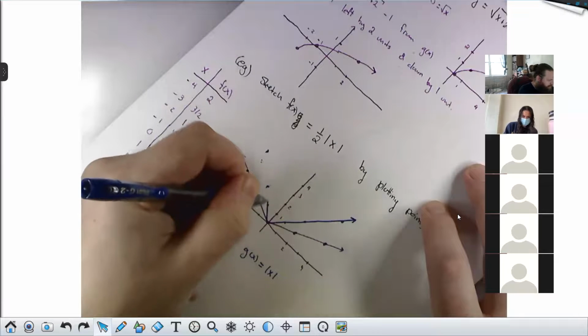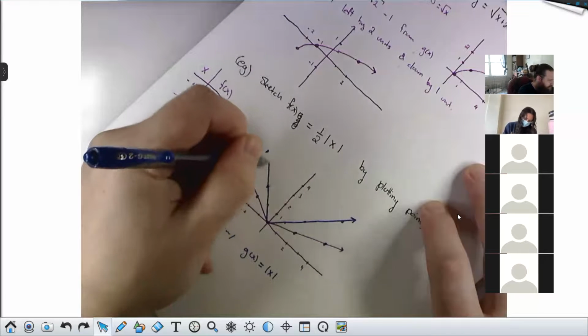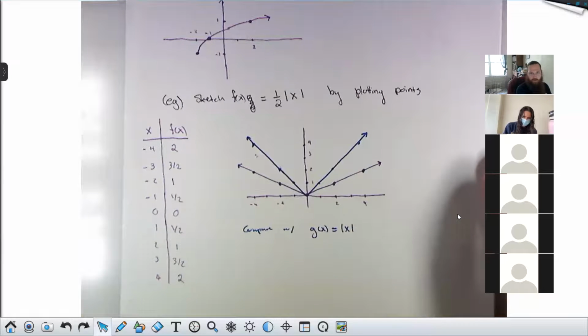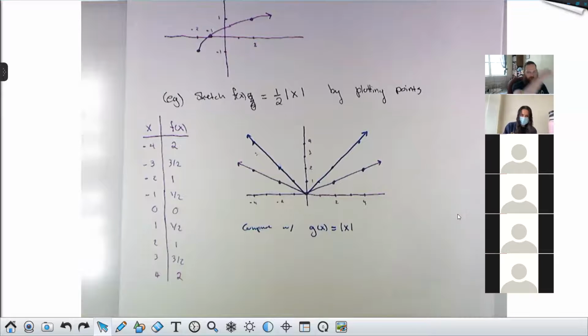Oh, I should have dotted this, didn't I? Do dotted lines in the other one. Okay. So what's the relationship between the blue graph and the purple graph? Well, if you take the height of every point on the blue graph and you chop it in half, you get the height of that point on the purple graph, right? Look right here at -4.